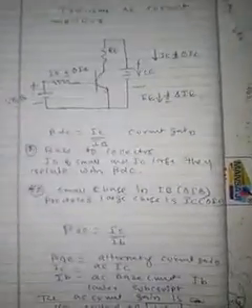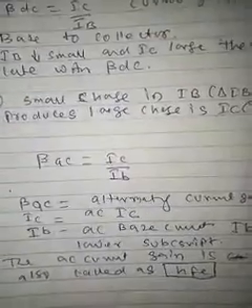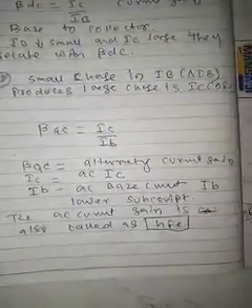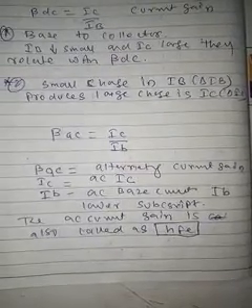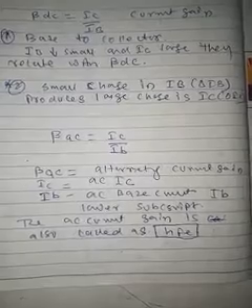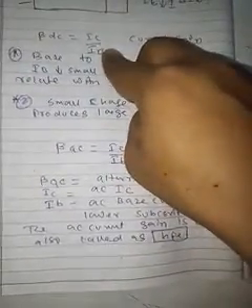Here you can see IC and IB, both. IC is in a small subscript, you can see I and C. C is written in lower subscript here. And B also you can observe, compared to here. This is a constant, beta DC.